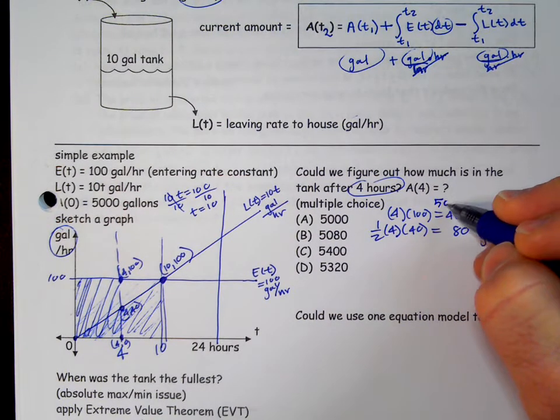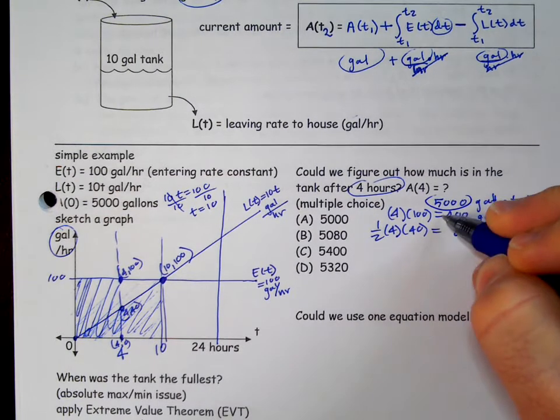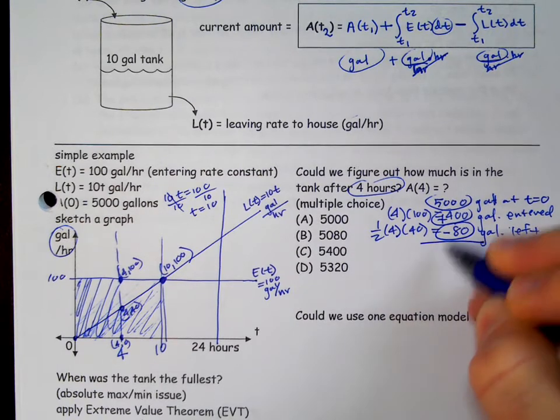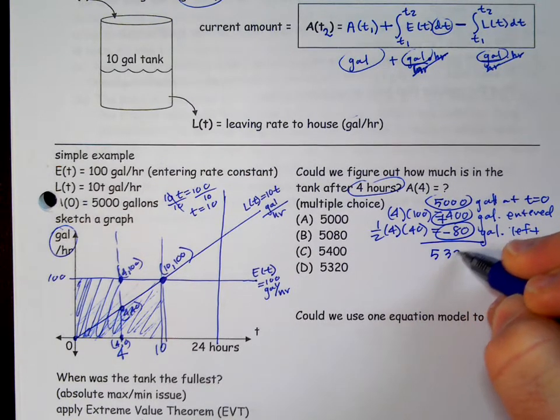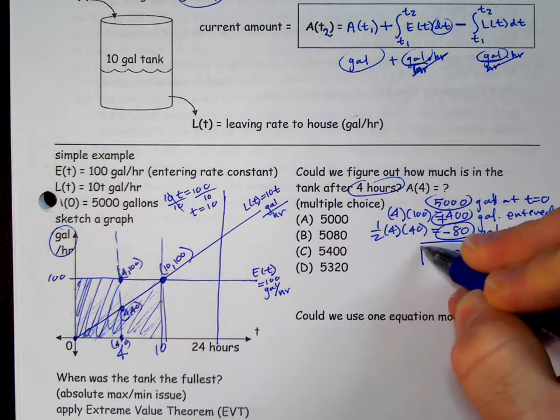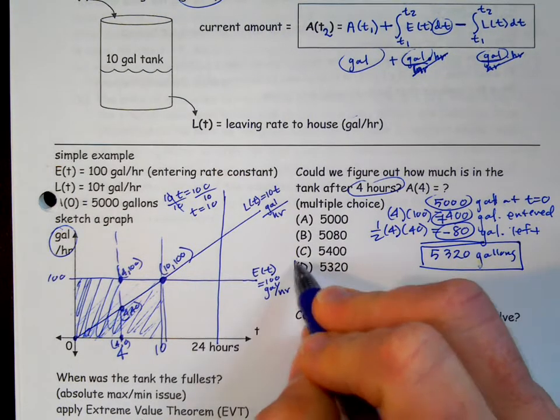So there was 5,000 gallons at time equals 0. So we have 5,000 gallons. We're going to add 400 gallons, but then we've got to subtract 80 gallons. So that's going to be 5,320 gallons total. Okay. So that would be our answer.